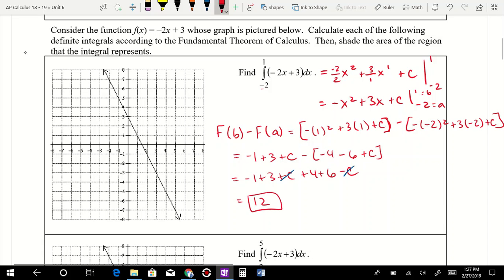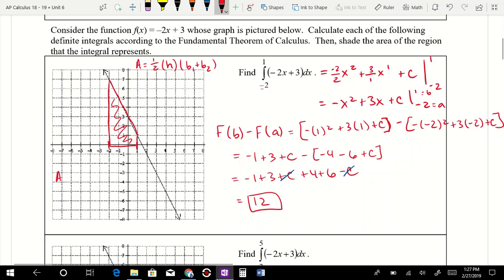So now we want to make sure that when we find the shaded region on the graph, it also equals 12. So since we're looking at the interval from negative 2 to 1, that means that we're looking at the space between the curve of the graph and the x-axis. And in our case, that creates a trapezoid. The area of a trapezoid is equal to 1/2 times the height times base 1 plus base 2.